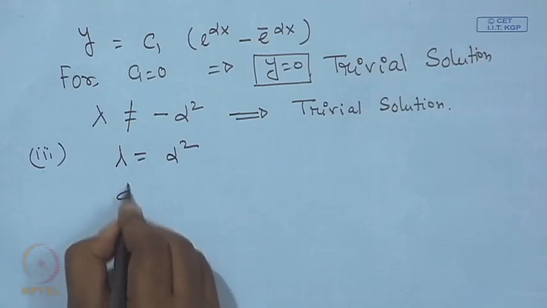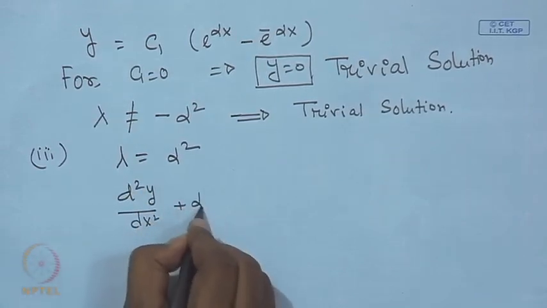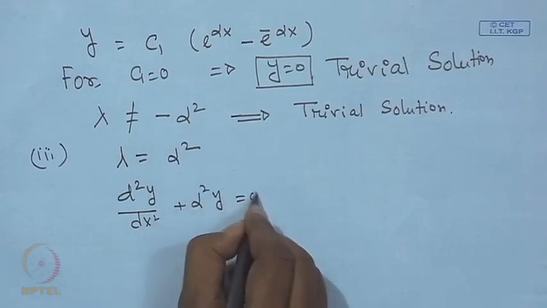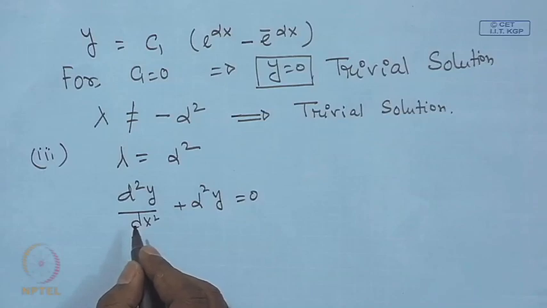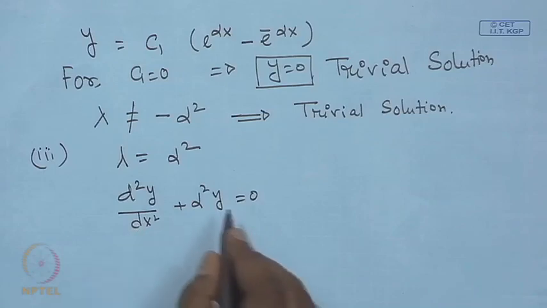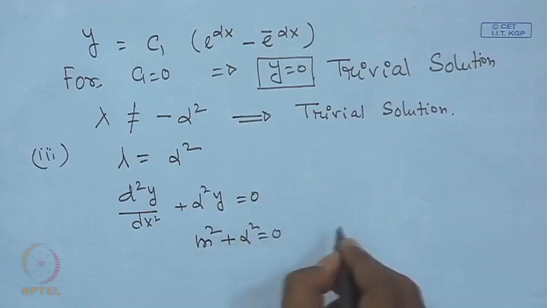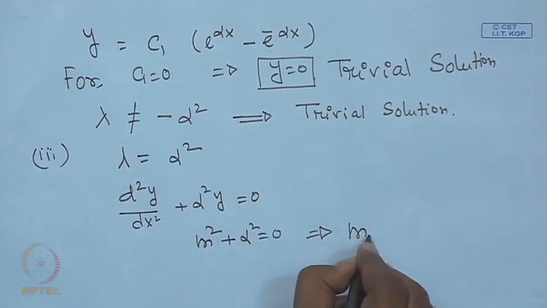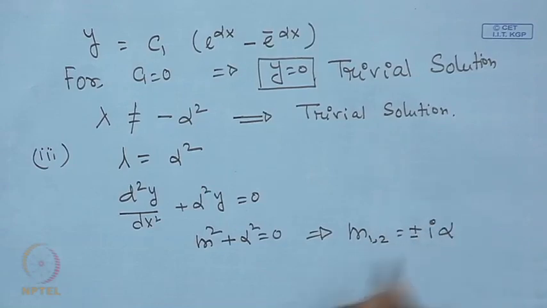So you will have d square y dx square plus alpha square y is equal to 0. The form of the solution will be e to the power m x, so you will get m square plus alpha square is equal to 0, and m1, 2 as plus minus i alpha.